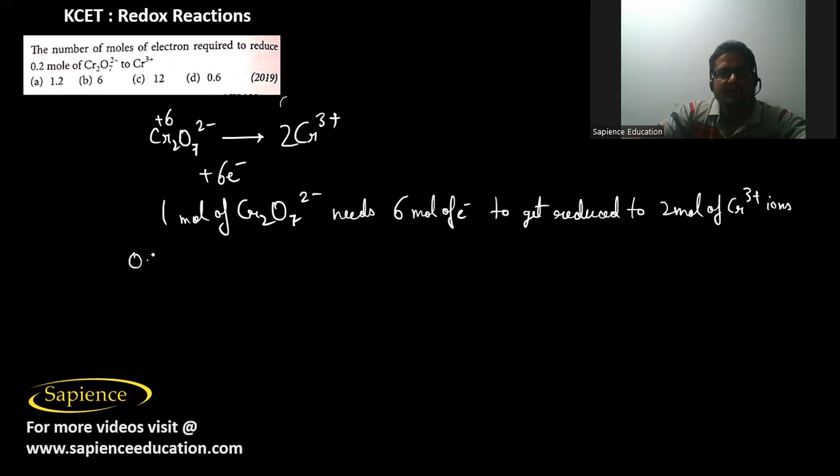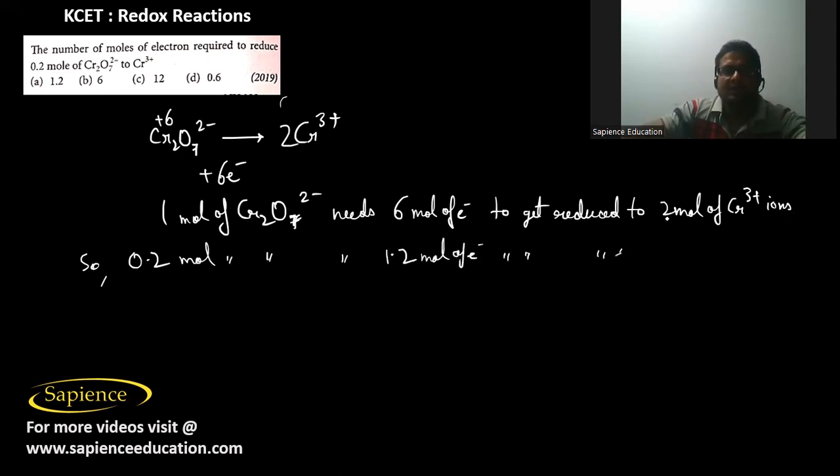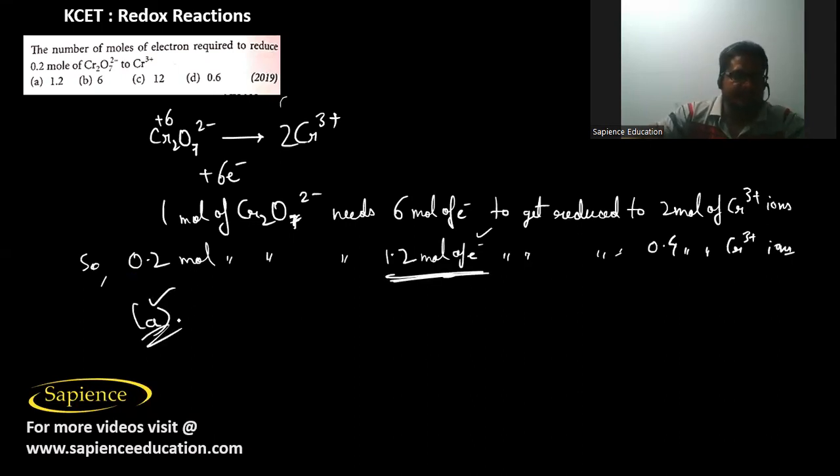So it means that 0.2 mole of Cr2O7 2 minus requires 0.2 into 6, so 1.2 moles of electrons to get reduced to 0.4 moles of Cr3 plus ions. So 1.2 mole of electrons is required. So option A is the correct answer.